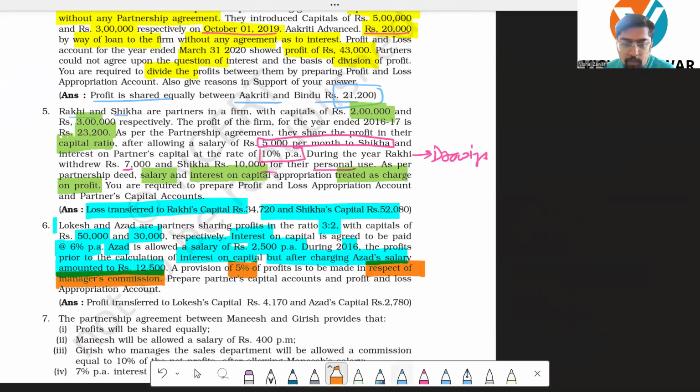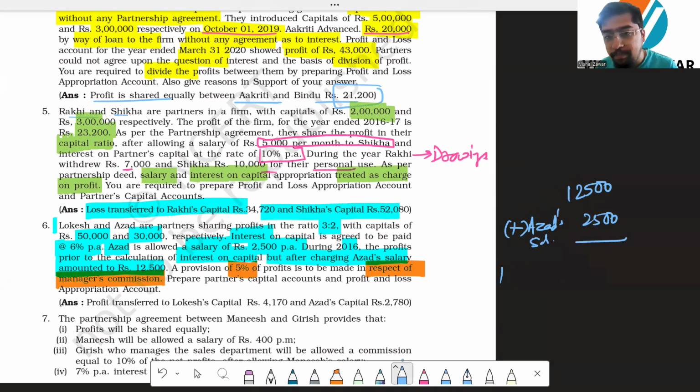We understand that whatever provision we make for manager's commission, that should be on the profit before any appropriation is done. Okay. So this profit of 12,500 is actually after appropriation of salary of Azad. So it is reduced. Yes, we have reduced Azad's salary and then we got this profit. So actual profit is actually higher. Yes, so I will have to add Azad's salary into this, which is 2,500.